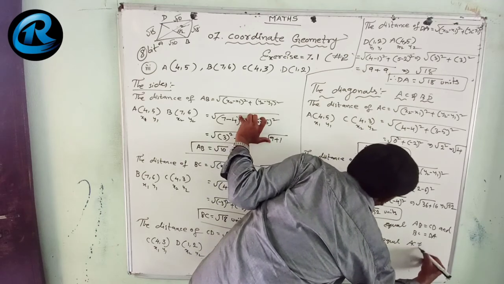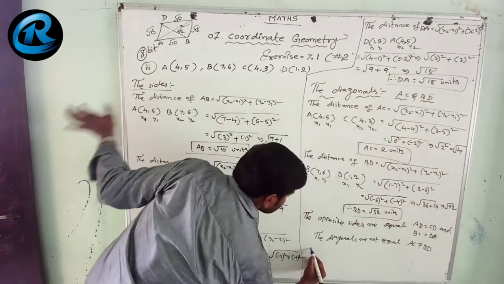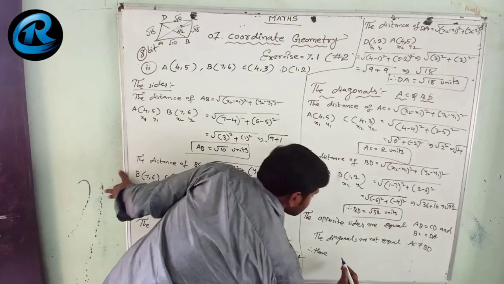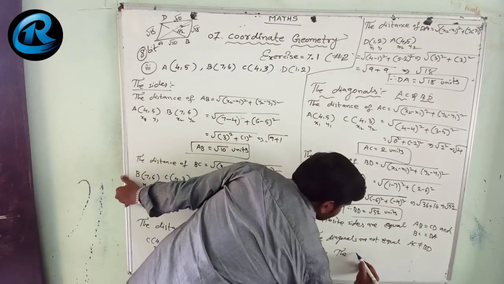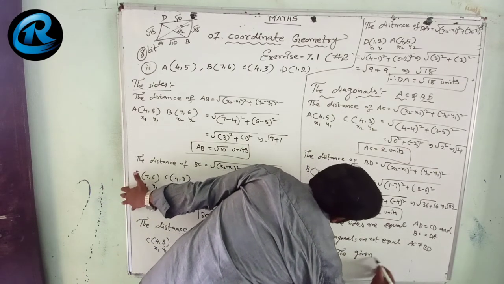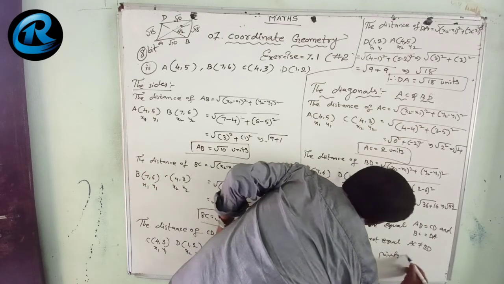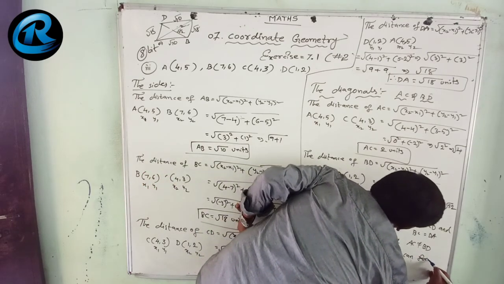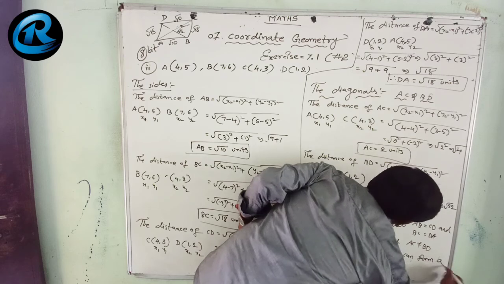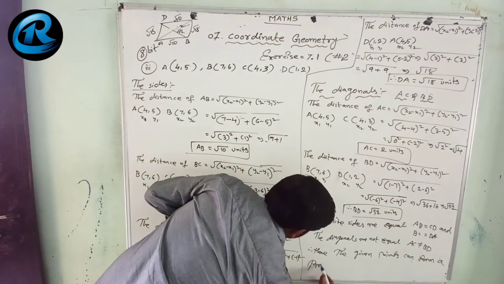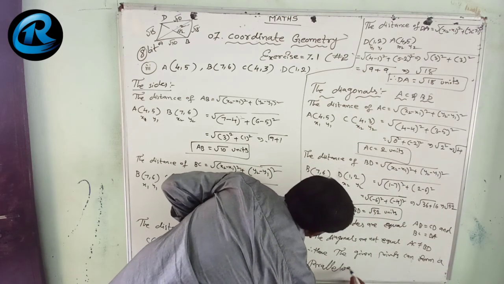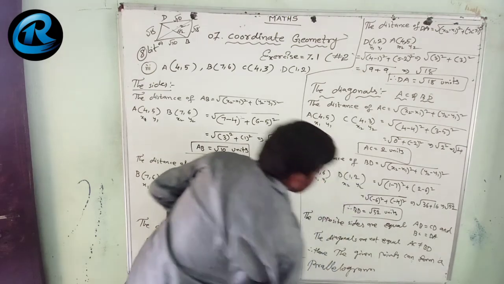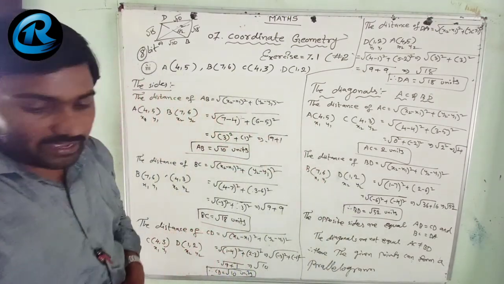That is AC is not equal to BD. Hence we can say the given vertices, the given points, can form a parallelogram.